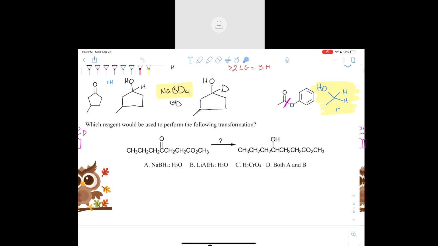Does that make sense? Like if I want to keep the CO2, if I were to use LiAlH4, I might convert the whole thing. Exactly. So you have the correct idea. I will draw it out and do the whole thing on Wednesday. But yeah, I want you guys to practice drawing it out.